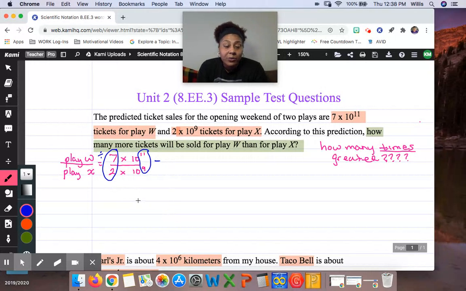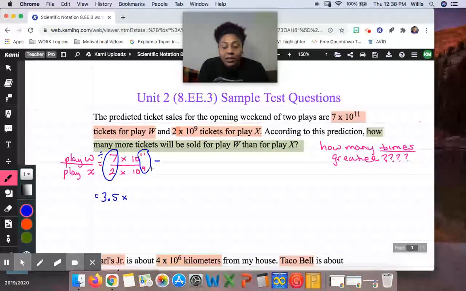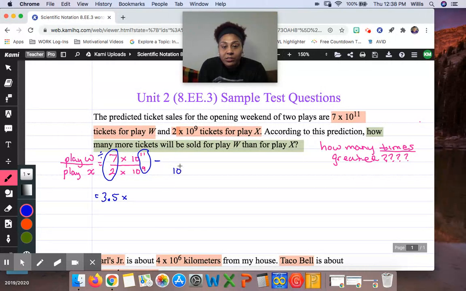So then, what do we get? Well, 7 divided by 2 gives us 3.5. And then 10 to the 11 minus 10 to the 9, which just means 11 minus 9, we get 10 to the 2. Okay, that's lovely. But this still doesn't help us see how many times greater.